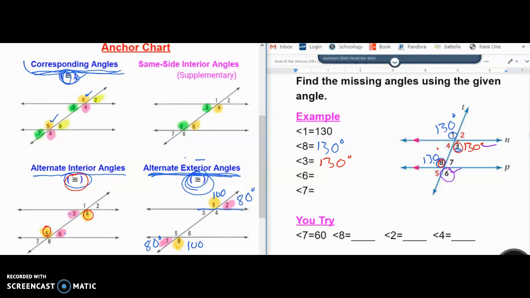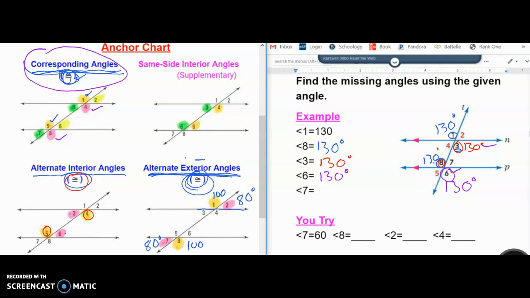If you look at the chart, you will find out that that would be like corresponding angles again. That would be like angle 4 and 8. See, both of them are colored in pink. They're corresponding angles. So therefore, they are congruent. So angle 6 measures 130 degrees also. Okay? So angle 6 measures 130 degrees.